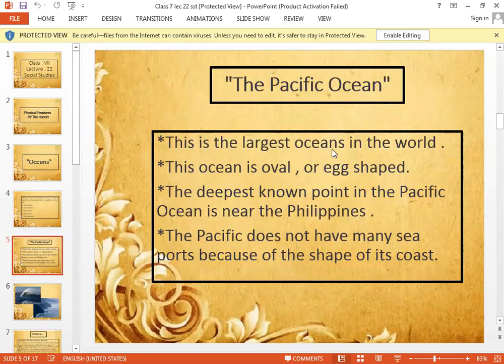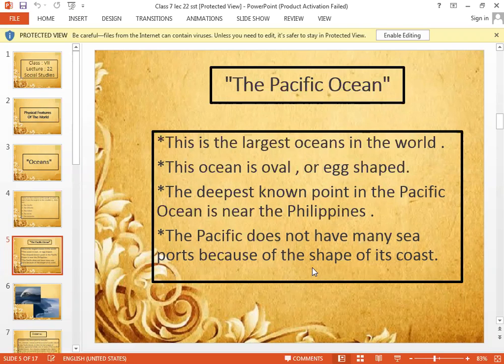This is the largest ocean in the world, and this ocean is like oval or egg shaped, यानी इसकी जो shape है वो oval type है. The deepest known point in the Pacific Ocean is near the Philippines, and the Pacific does not have many seaports because of the shape of its coast. Is it clear? So the Pacific does not have many seaports because of the shape of its coast.